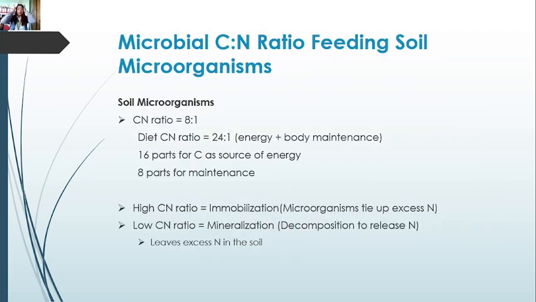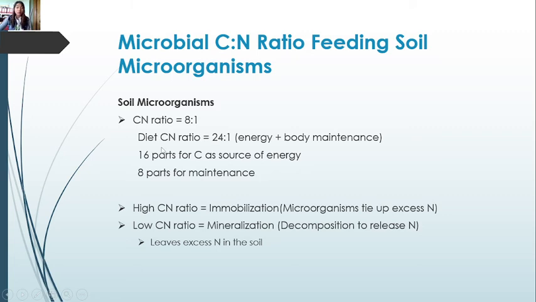Okay, and then of course, that is the CN ratio, that involves the CN ratio of organic material. Here, it is for the soil microorganisms. The CN ratio of soil microorganisms is 8:1.